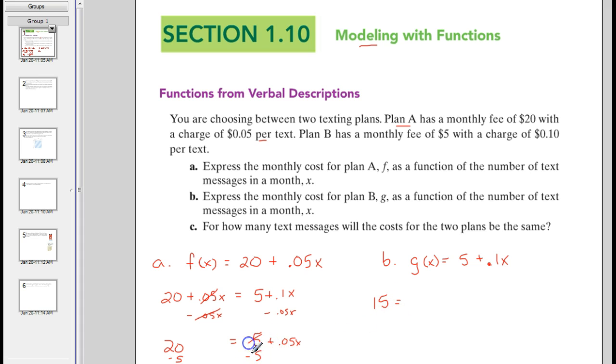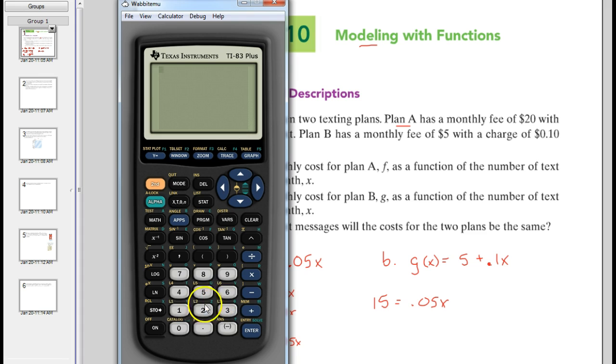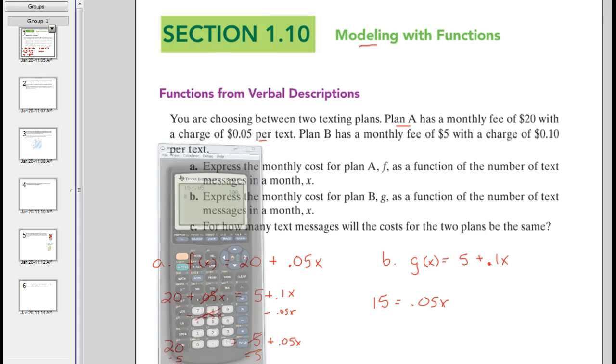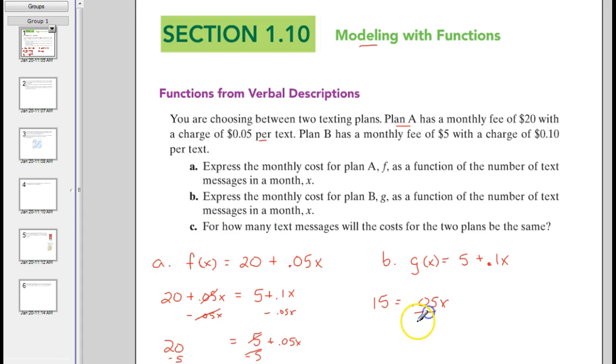The 5's cancel here, and we're left with just a 0.05x on the right side. All right, and now we're just going to divide 15 by 0.05 to get the x isolated. That's 300. So x equals 300 texts.